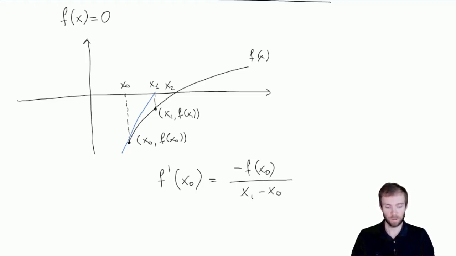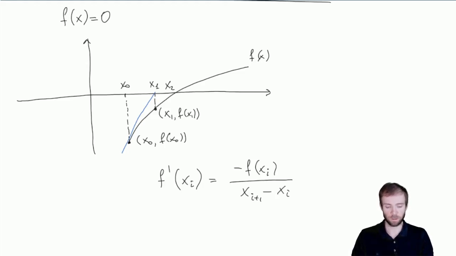So this is equal to minus f of x0, this is the length of this segment, divided by x1 minus x0. So what we have here is that the same equation actually holds for arbitrary i. So f prime of x_i is equal to minus f of x_i divided by x_{i+1} minus x_i.